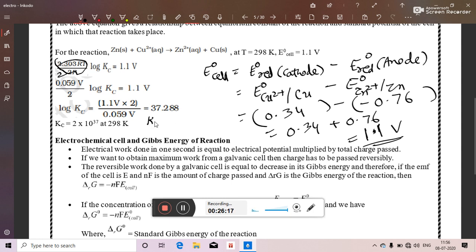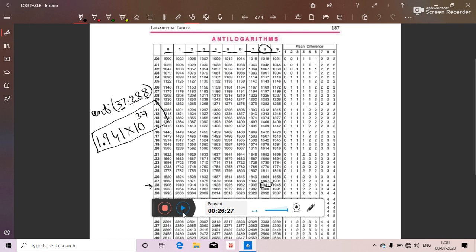So Kc is equal to the anti-log of 37.288. So how do we find the anti-log? In the anti-log table, before all the digits, the decimal point is there.